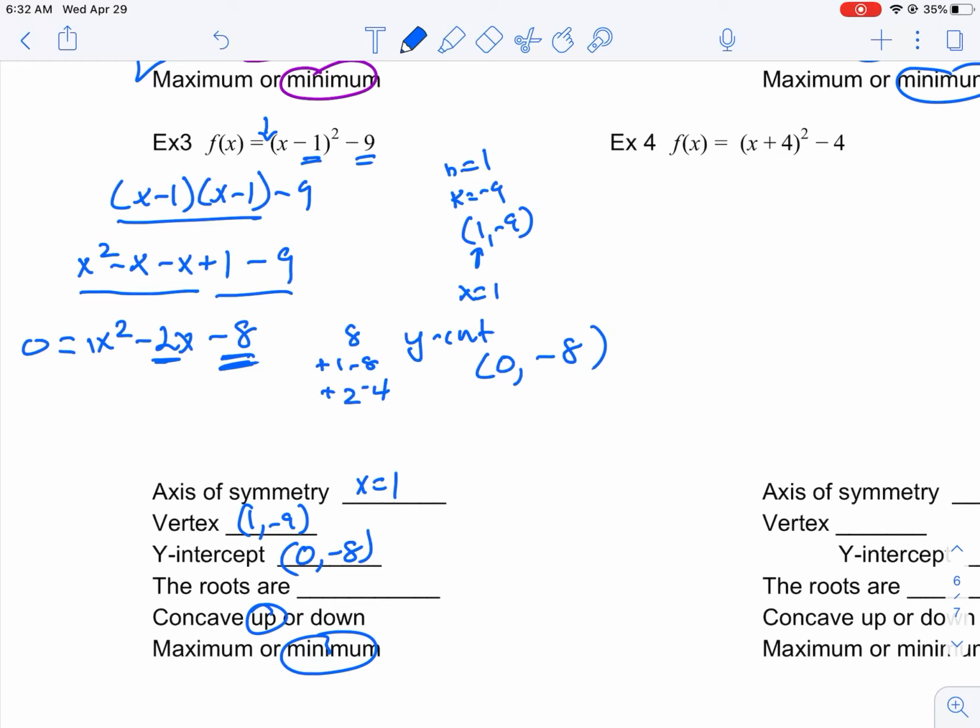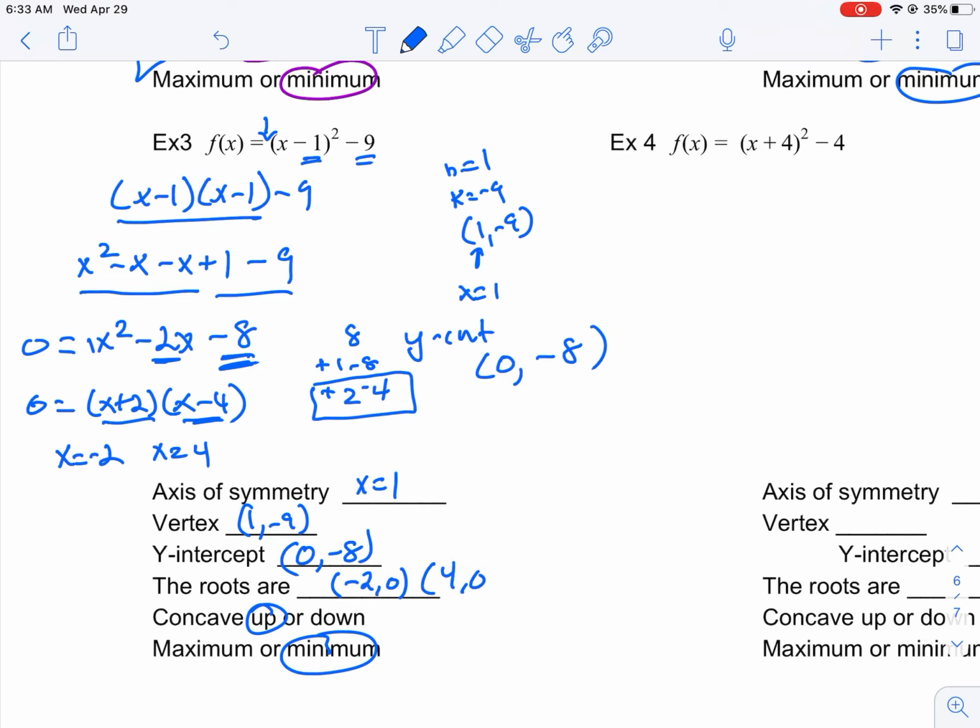And I get the 2 that equaled negative 2 is here. So 0 equals (x plus 2)(x minus 4). Okay? So then solving that one gives me x equals negative 2. Solving that one gives me x equals 4. So I'm going to put them as coordinates. (-2, 0) and (4, 0).